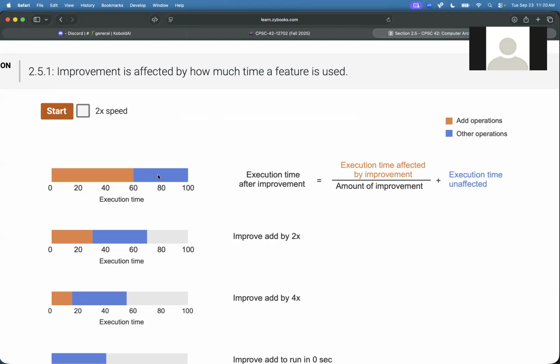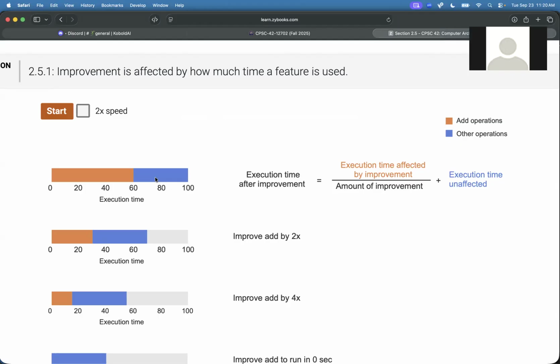What they've got here colored in orange is how long it takes to run an add operation. And in the blue, it's all of the other operations. So basically 60% of the time we're running add operations and 40% of the time we're doing something else.